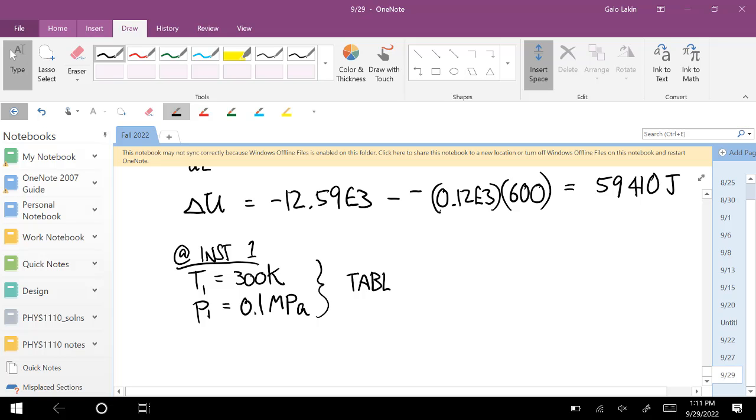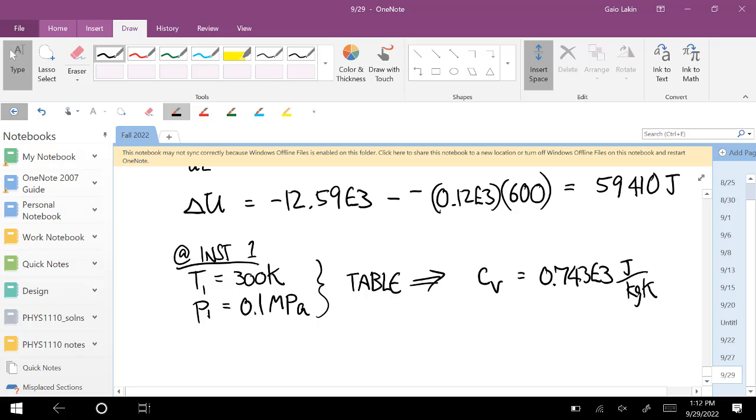And so the table for nitrogen says that CV is 0.743 times 10 to the third joules per kilogram Kelvin.